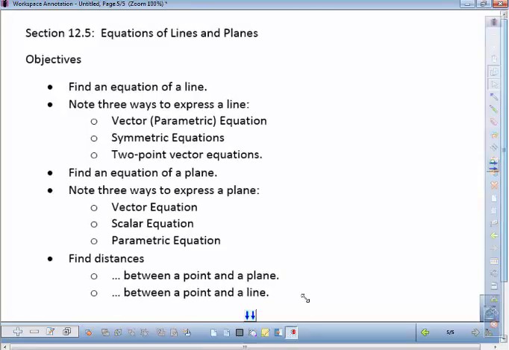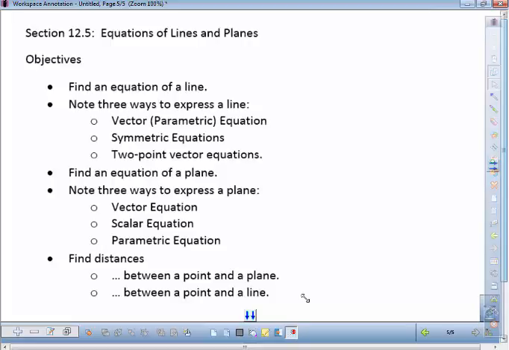So, find an equation of a line. We know how to find an equation of a line. Usually, back in pre-calculus or even algebra, you're able to find an equation of a line by having 2 points, and then you look for a point and a slope.